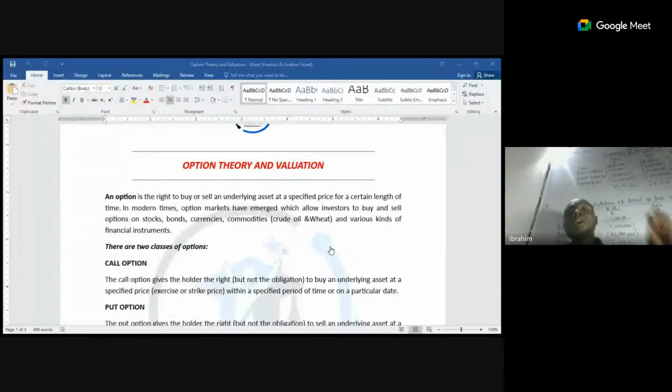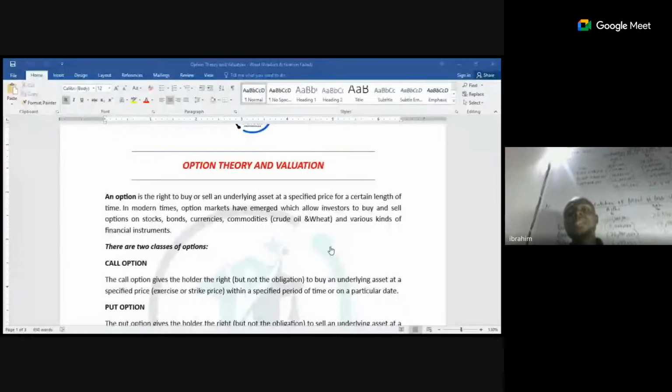Meaning that call is an option to buy. You can go to the option market to buy, not an obligation. The exercise price is the price you are willing to pay at a future date, within a specific period of time.